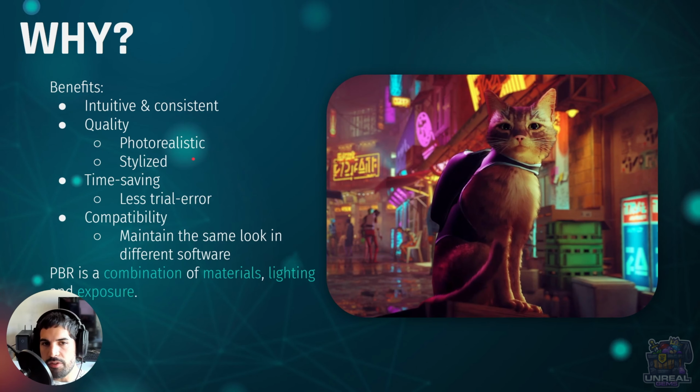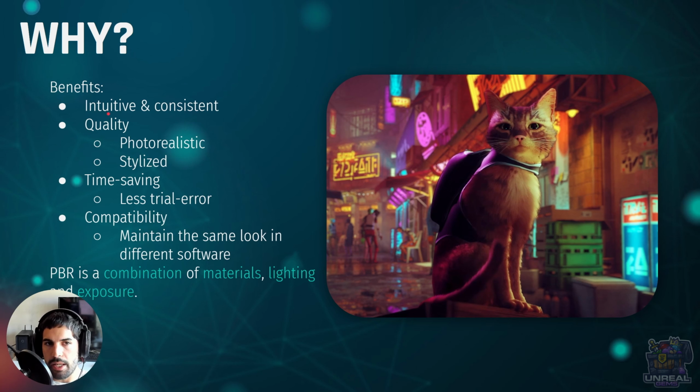Okay, so as we have seen in the slide before, Unreal Engine has chosen PBR as its shading model. So why is this? Okay, so first of all, PBR is intuitive and consistent. So what do I mean by this? More or less, I mean that, for example, a metal object will have a parameter that will be 1 in every situation.